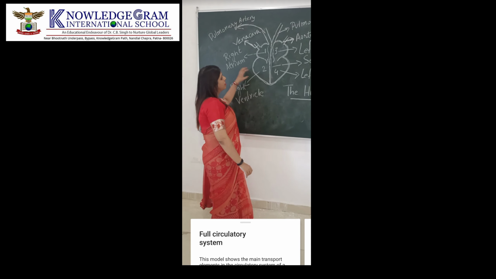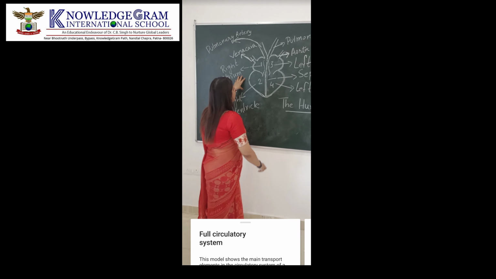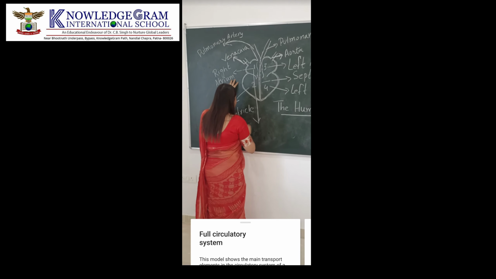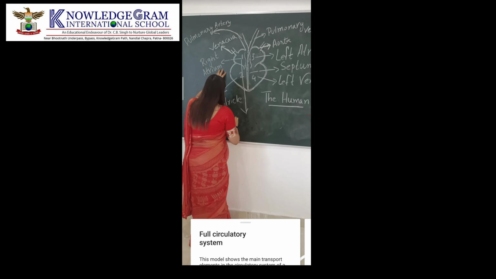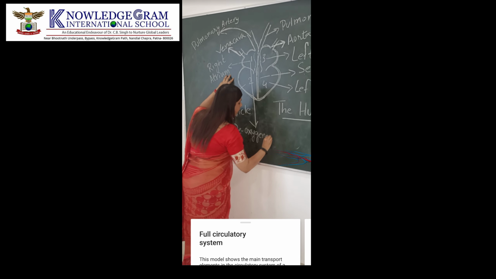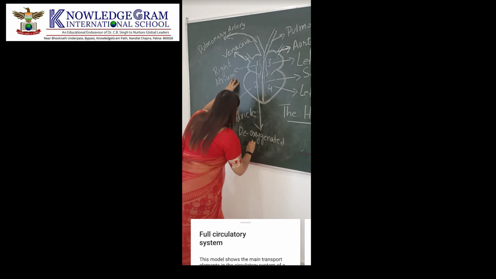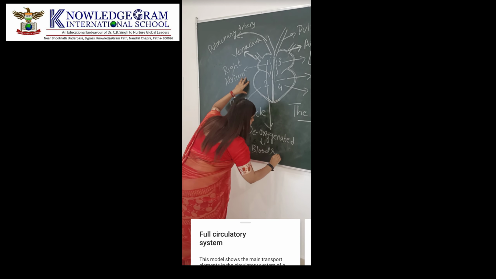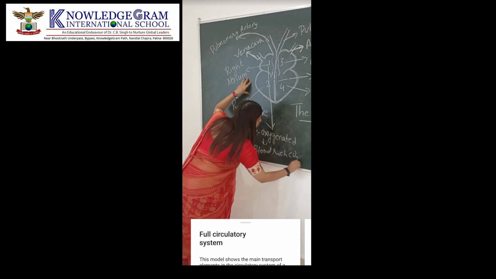So the answer to this question is that the right side of the heart carries deoxygenated blood. What does deoxygenated blood mean? Impure blood. The blood which is rich in CO2, that is carbon dioxide.